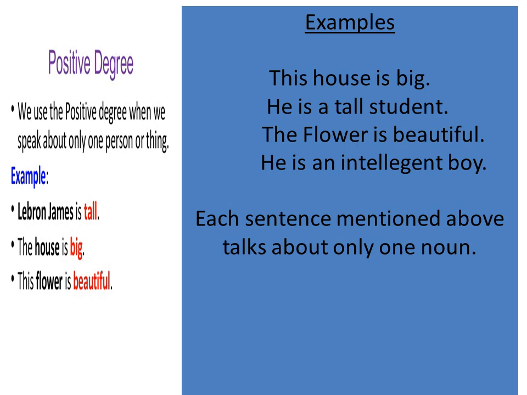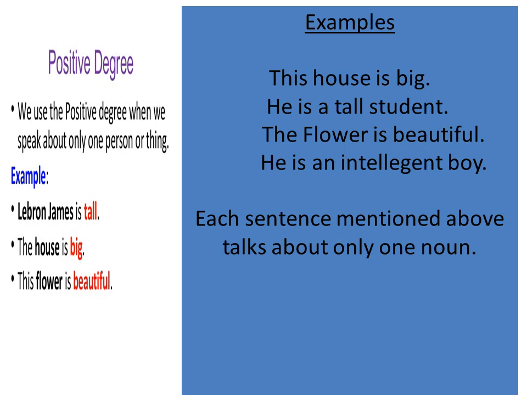He is a tall student. The flower is beautiful. He is an intelligent boy. If you look at each of these sentences mentioned above, we are talking about only one person or one thing. Very clear, children? Hope you all understand where to use the positive degree.